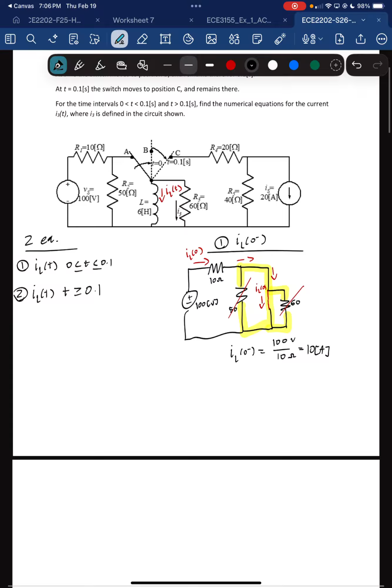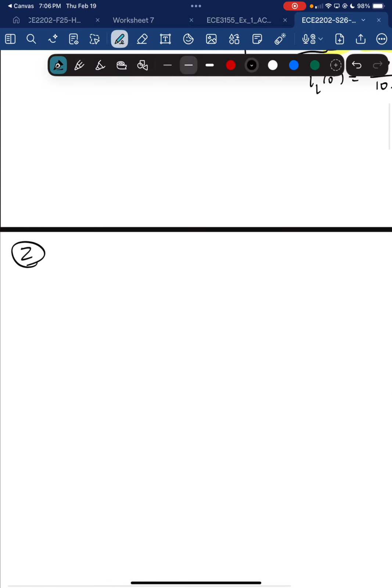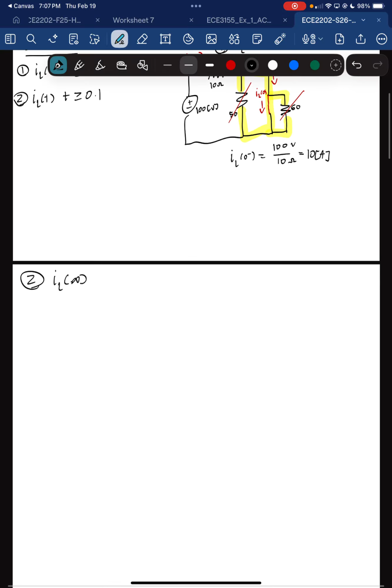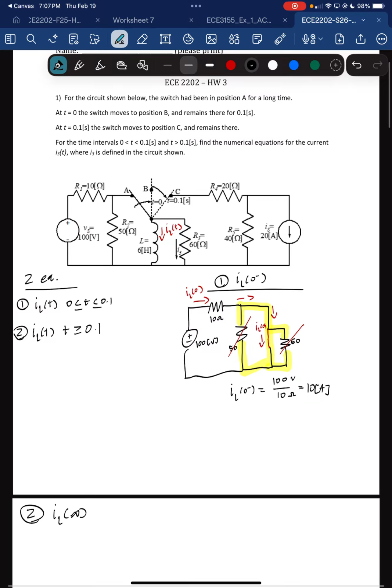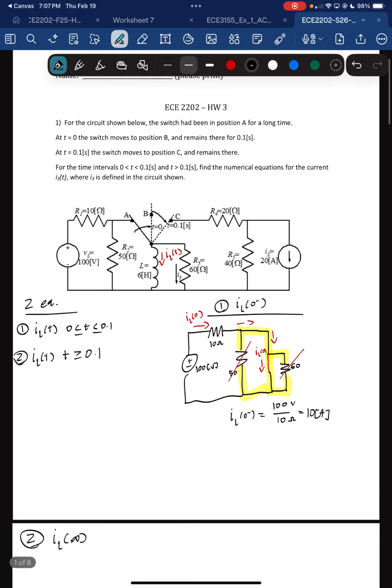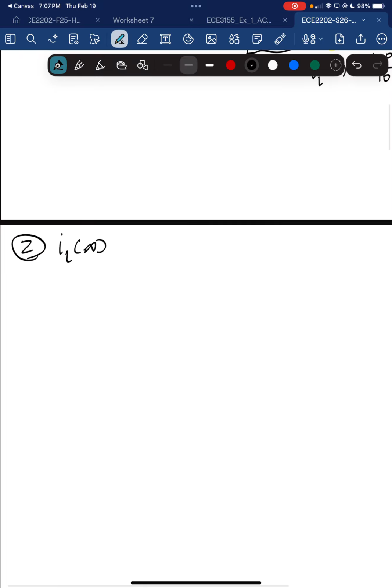Okay, now for step 2, right? That's going to be to find the final condition of IL of infinity. And that is after the switch flips, right? So we flip the switch to position B, and now we have to solve for the final value of the current. So I'm going to draw the circuit.